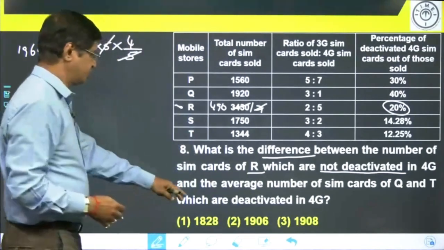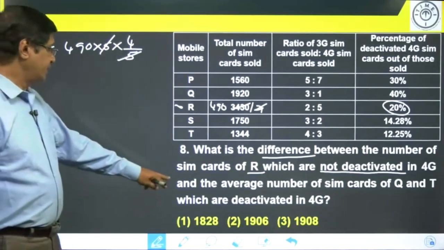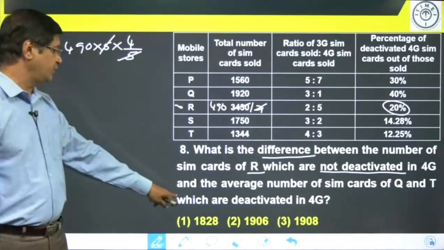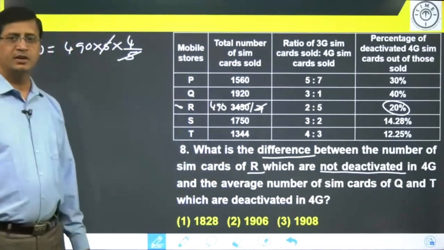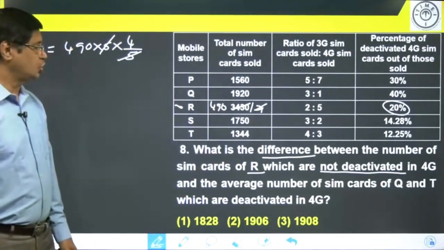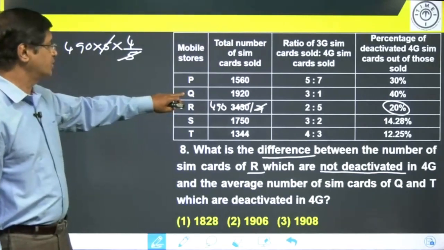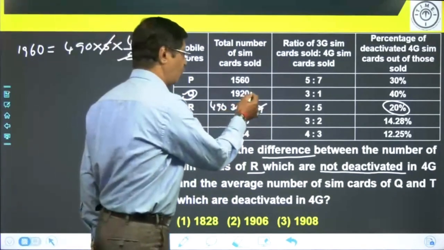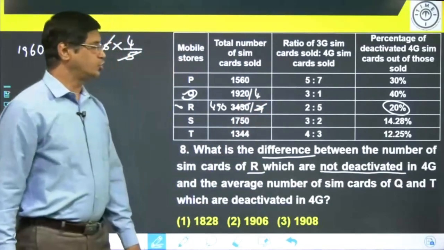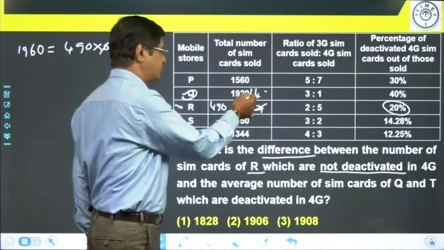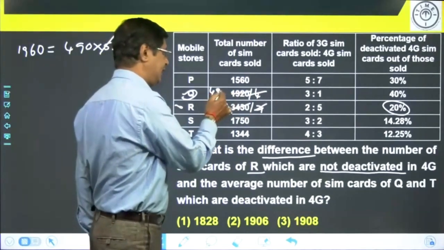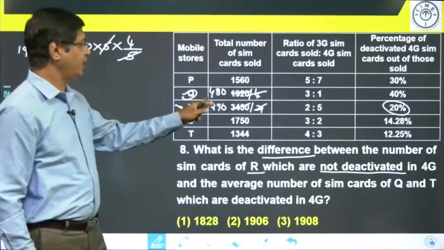Yes, my dear students. Now look at the next point: the average number of SIM cards of Q and T which are deactivated in 4G. So Q and T. Q is equal to 1920 by 4. 4 times 480, so 480.